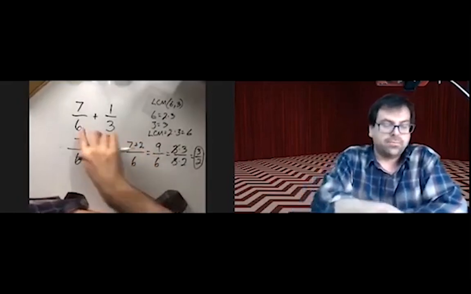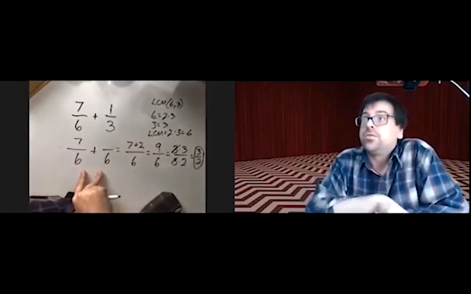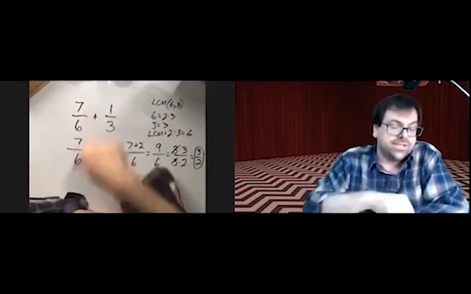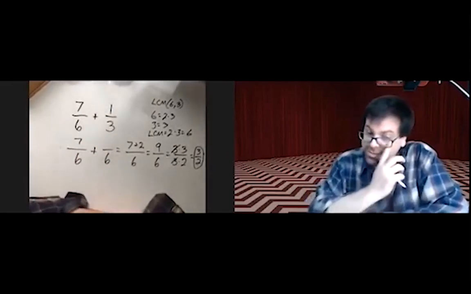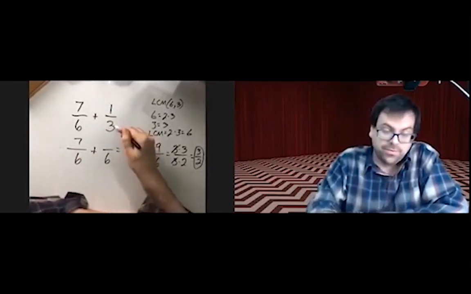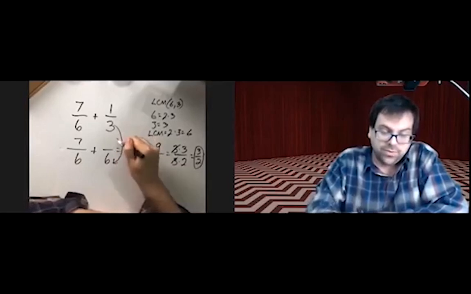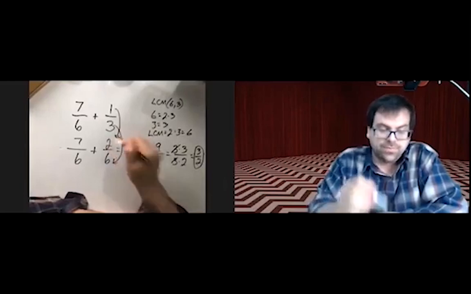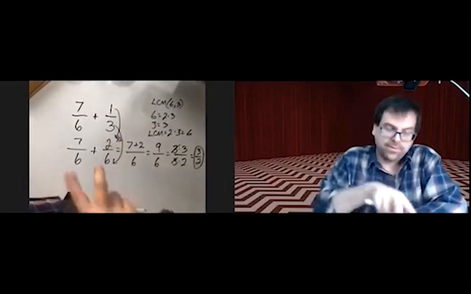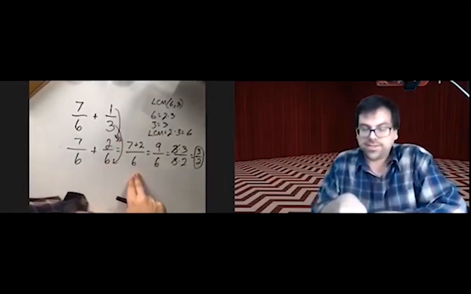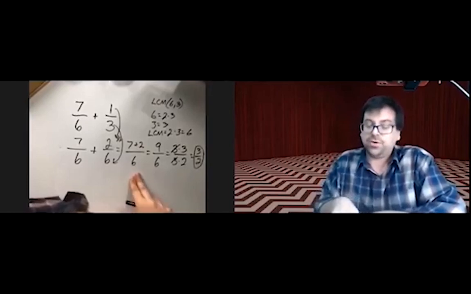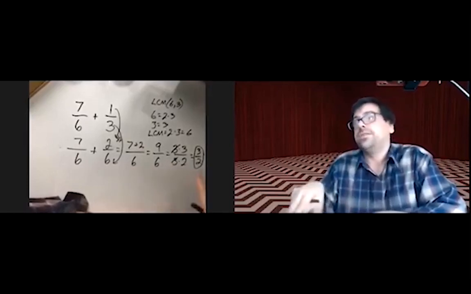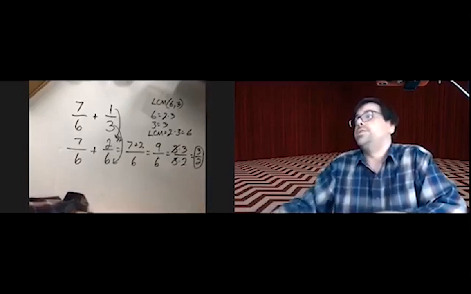We rewrite both fractions as being over 6. First one doesn't have to change because it's already over 6, but 3 times 2 is 6. 1 times 2 is 2. 7/6 plus 2/6 is 7 plus 2 over 6. 9 over 6 reduces to 3/2.